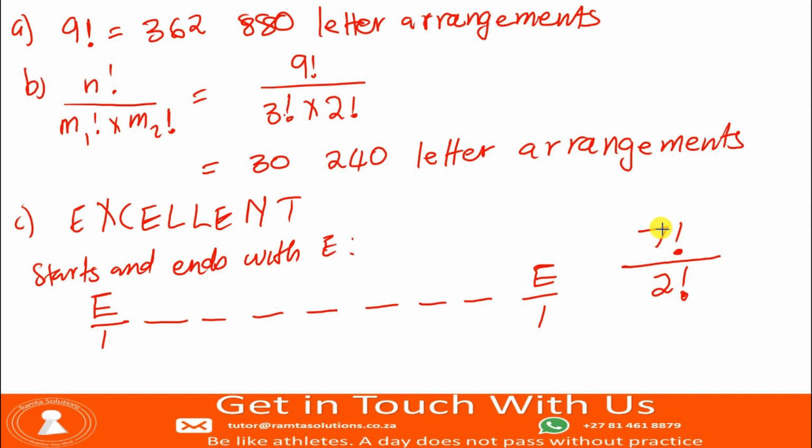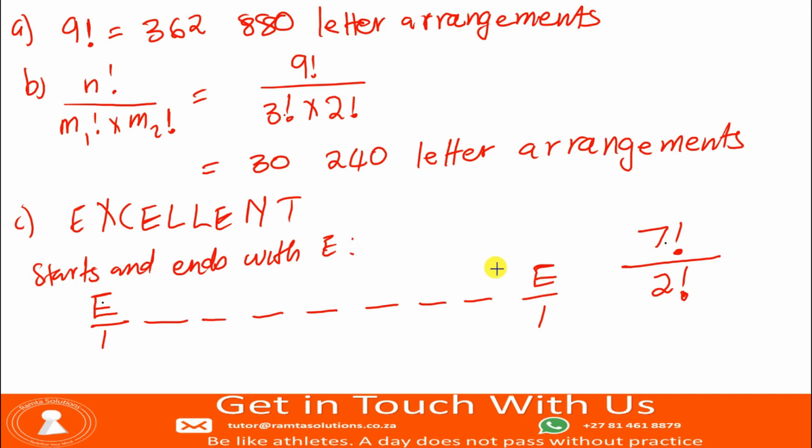So this is building up on what we were doing. Remember, this E and this E are out. We only have 7 letters to deal with. Now, having the 7 letters to deal with, 2 of the letters are identical. Hence, I'm saying 7 factorial over 2 factorial.